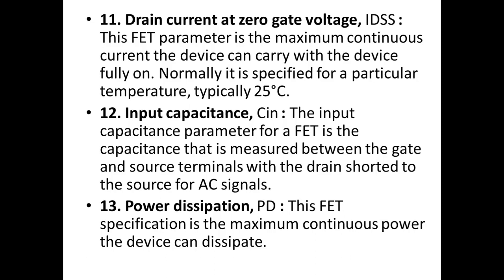Next, input capacitance. The input capacitance is a parameter of FET. It is the capacitance that is measured between the gate and source terminals with the drain shorted to the source for an AC signal. That means the drain to source is short circuited, and the capacitance is measured between gate and source terminals.